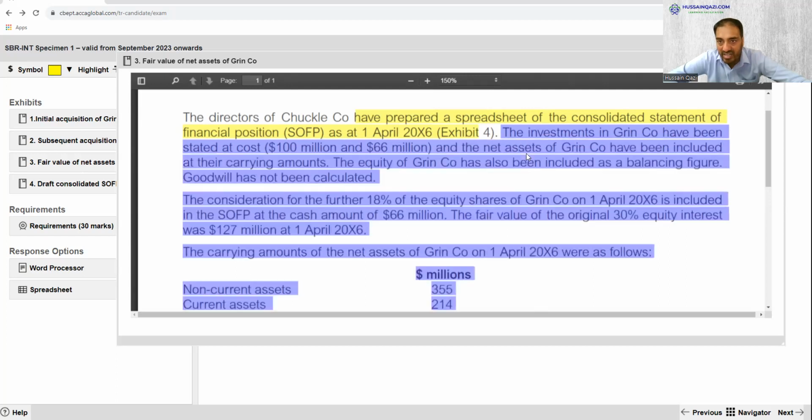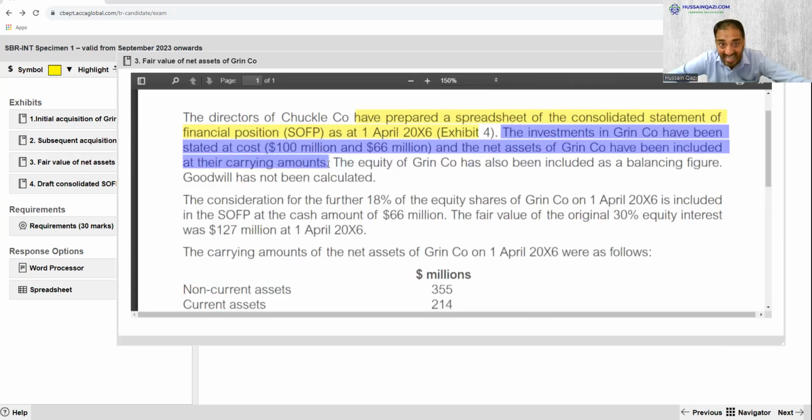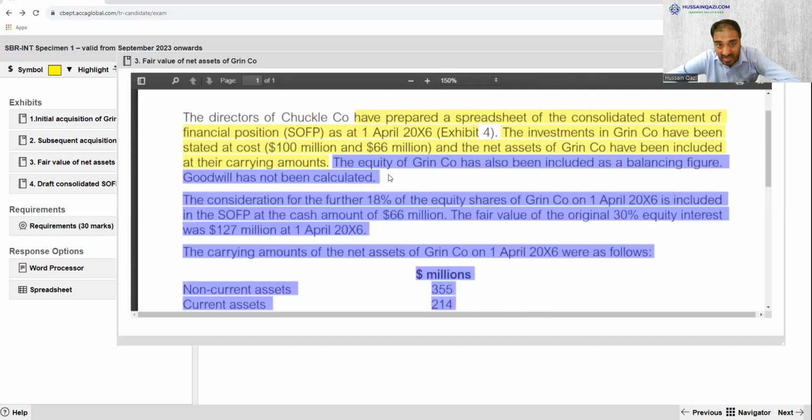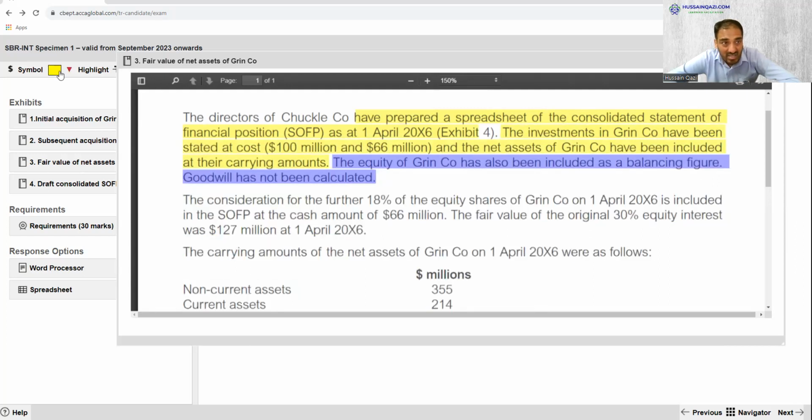And the net assets of Grin have been included at the carrying amount. The net equity of the Grin company has also been included in the balancing. So these points are very important.